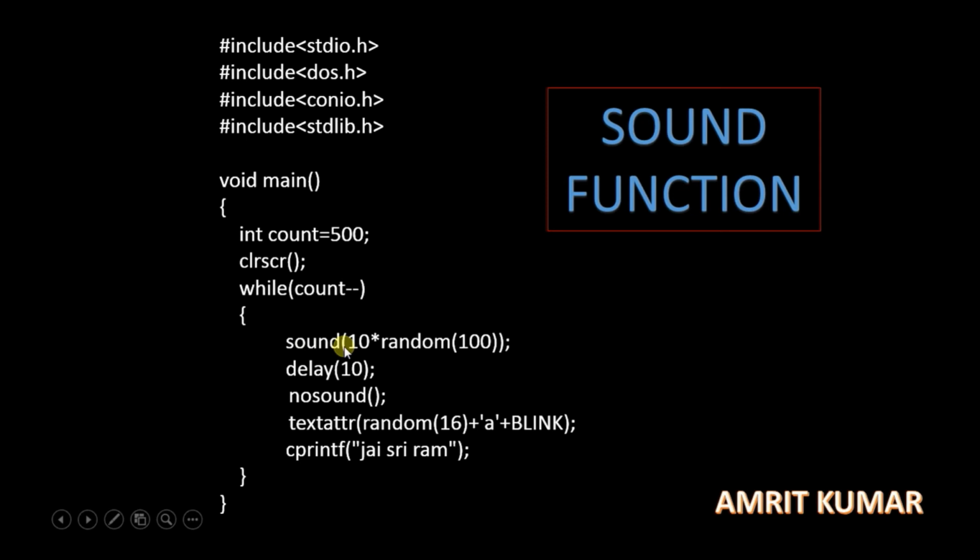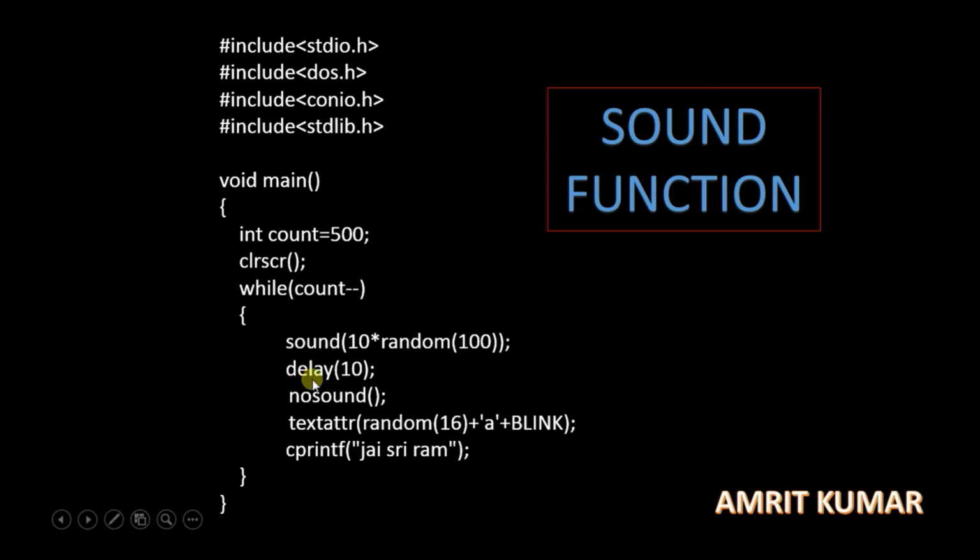This is the sound function, and I have told you that it helps us create a random or different frequency sound in C language. So you need to specify the sound function here and then 10 asterisk into random 100. This is the value you can give. It may be 5, it may be 2, it may be 100 also.